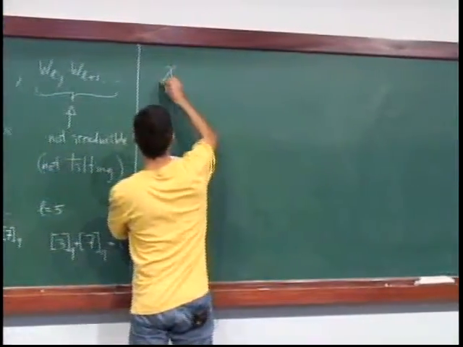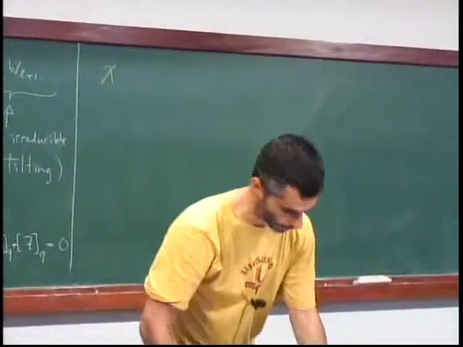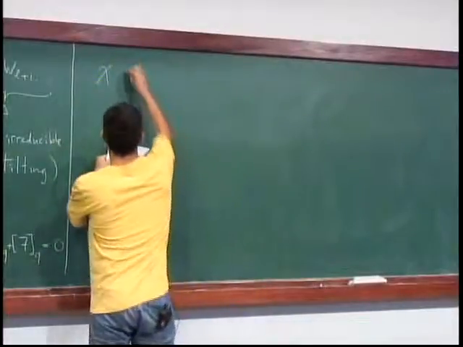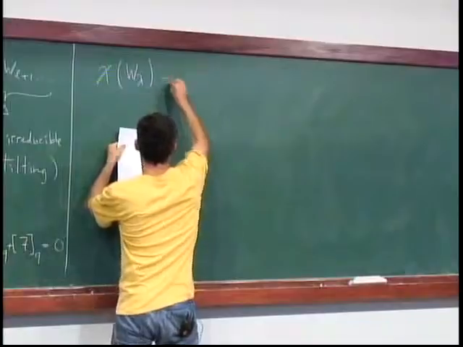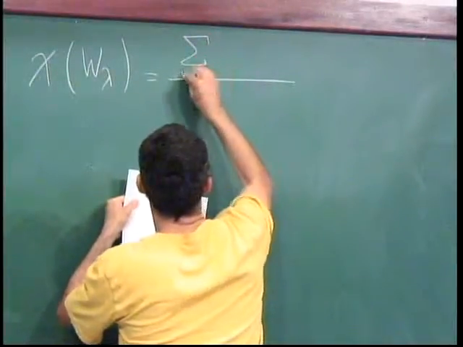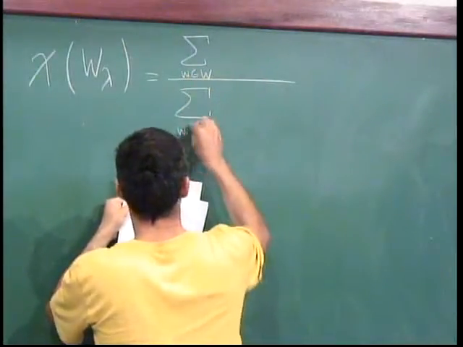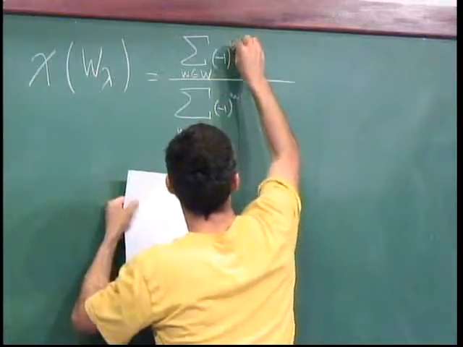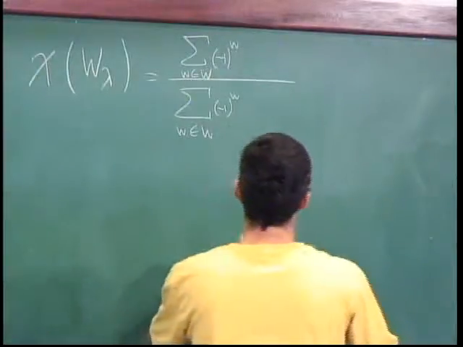So the character of a Weyl module is a sum over the Weyl group divided by another sum also over the Weyl group, with the sign minus 1 to the length of the element of the Weyl group.